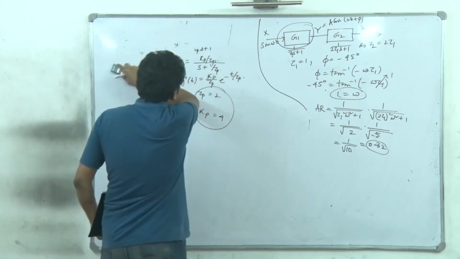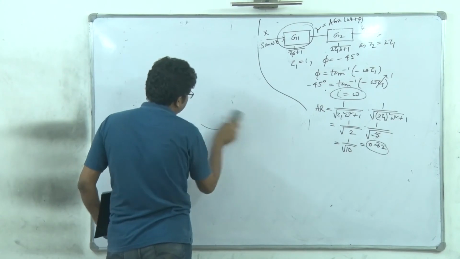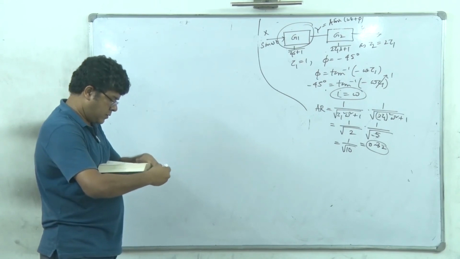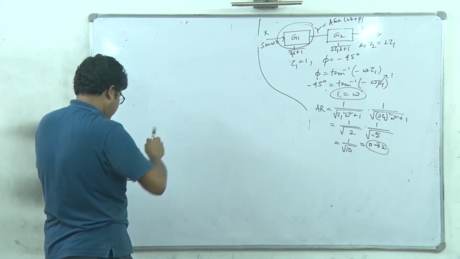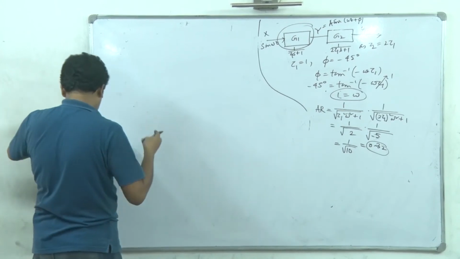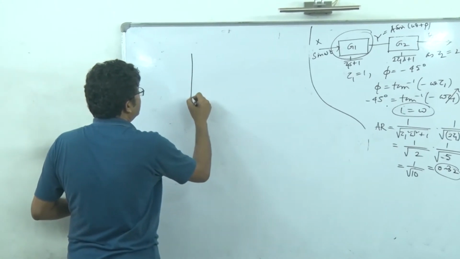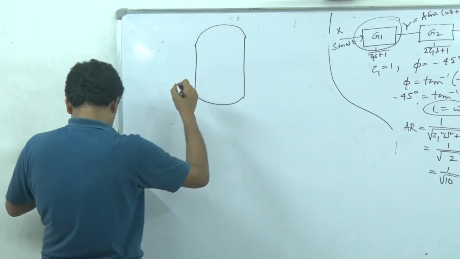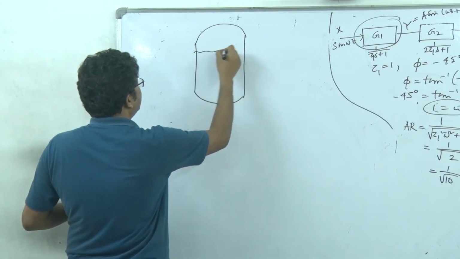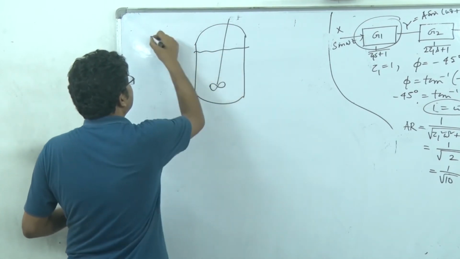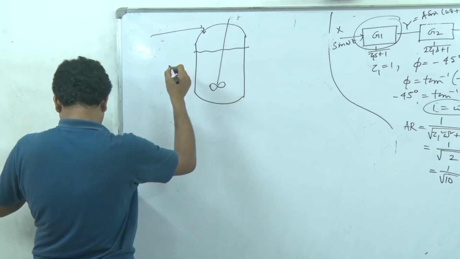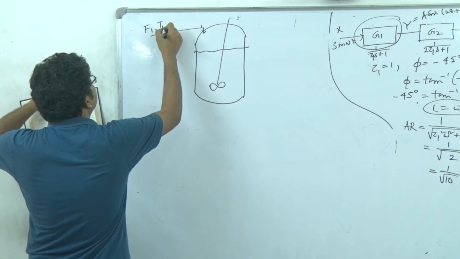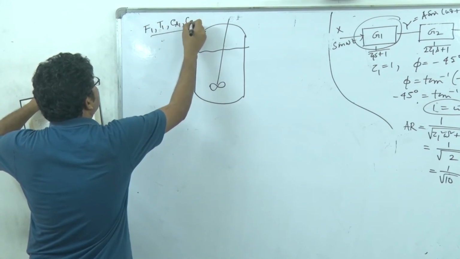Let's think of a modeling problem. It is a CSTR with heat effects, and heat is to be given here. The inlet flow rate is F1, temperature T1, composition CA1, CB1.